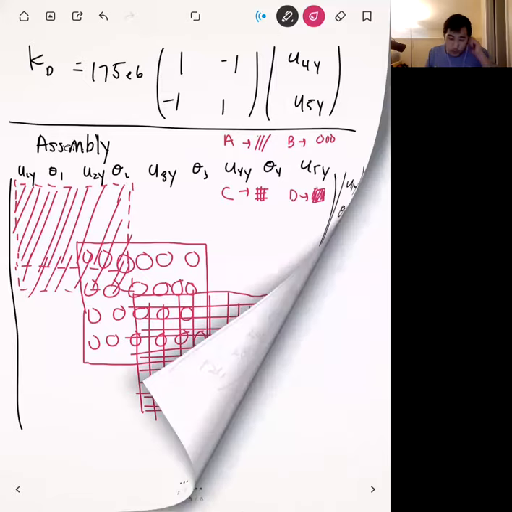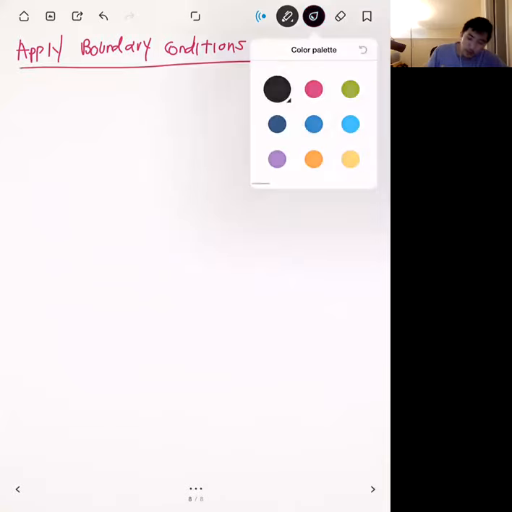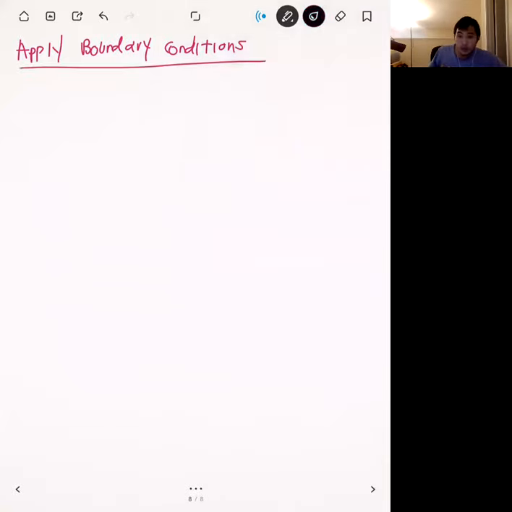And the last thing that I would want you to do is I would want you to apply the boundary conditions. So actually, let me change back to black. And then what I want you to do for this is to again start from a blank system of equations.